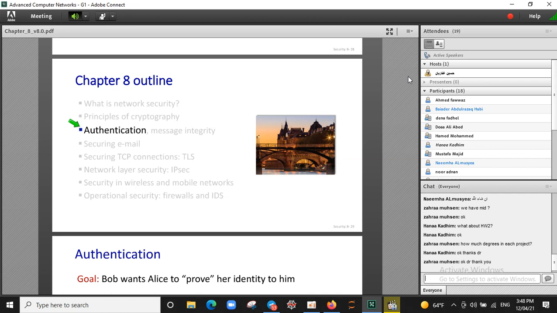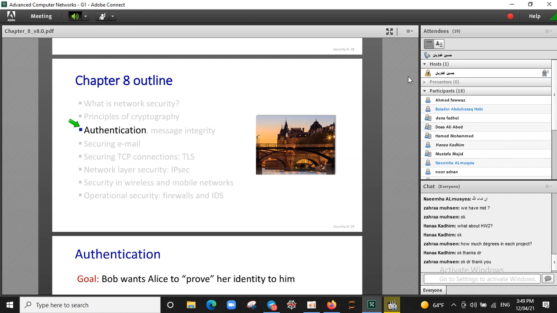Okay, but in the second group, the encryption algorithms with asymmetric keys, we use two different keys, one public key and another one is a private key.